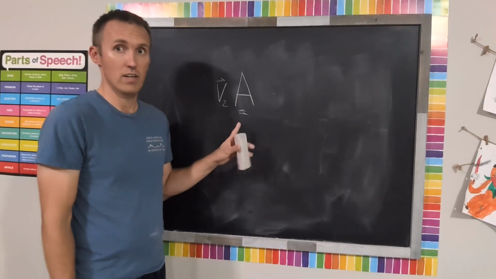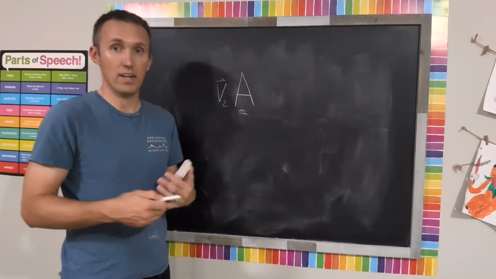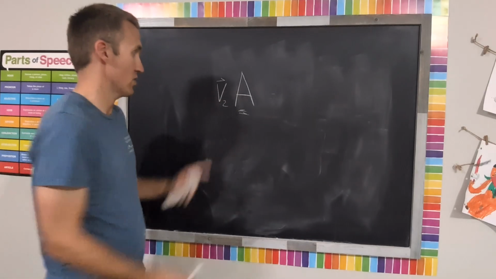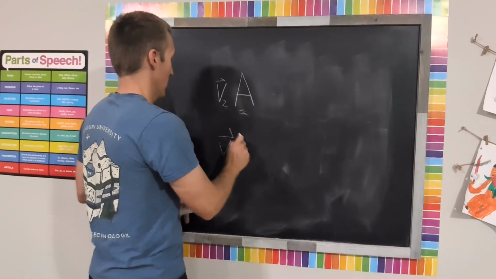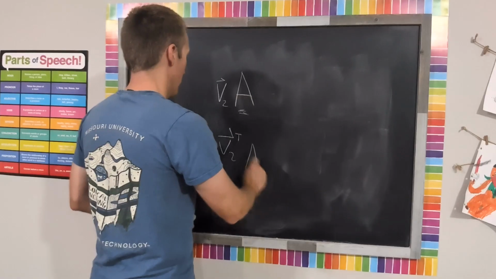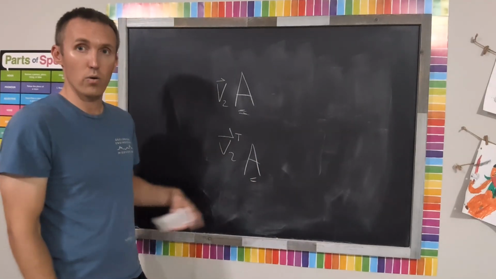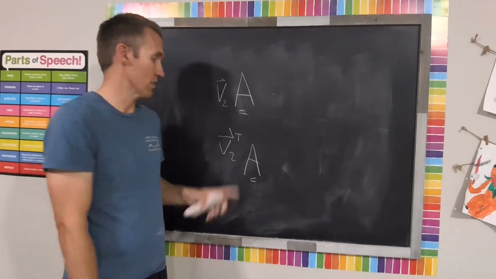This is a column vector. And in all the multiplication that we've done in the video so far, we've used row vectors. So at the very least, we would have to transpose this. So we would have V2 transpose times A. So we can turn this into a row vector. We always pre-multiply with a row vector.